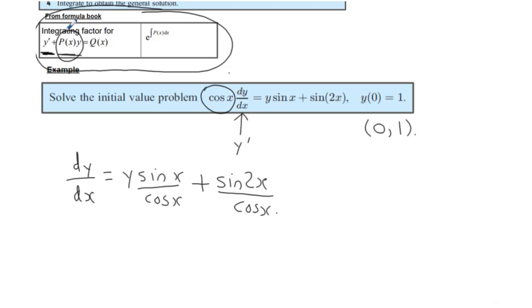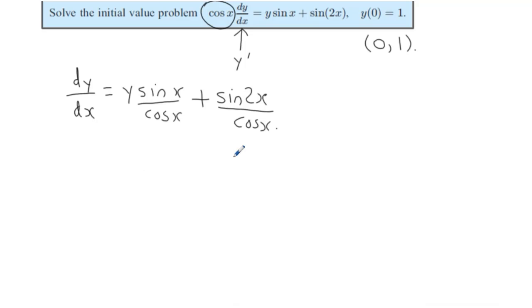It's actually a lot easier to integrate if you call it sine over cos. So I'm going to leave that, but I am going to move it onto the other side. So when we do that, we're going to have dy by dx minus sine x over cos x times y equals sine 2x over cos x.